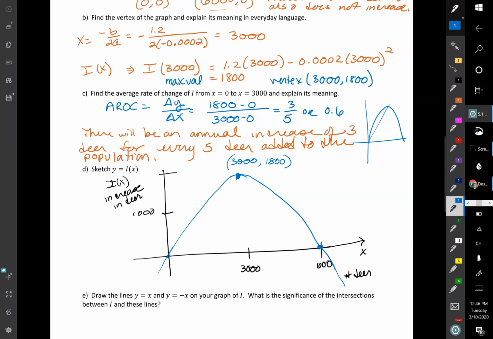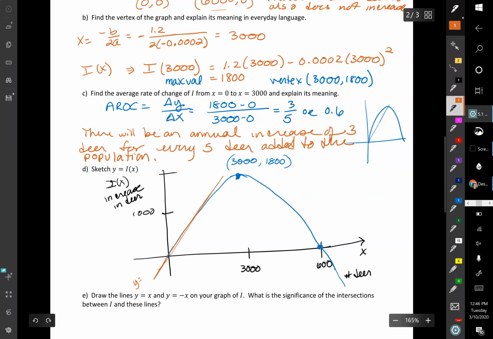So part E is draw the lines y equals x and y equals negative x on your graph. What is the significance of the intersections between I and these lines? If your increase equaled your number of deer, you would have a line that goes right through the origin like this.